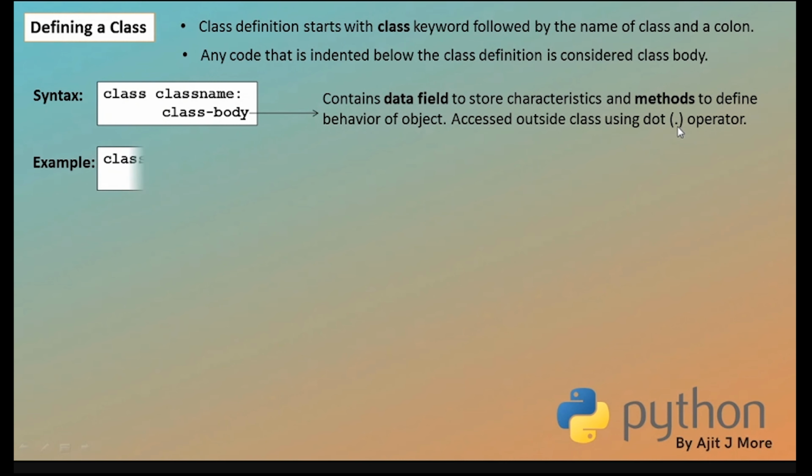Let's take one simple example. See, I've created one class named cat. And after that, I haven't written any body. At this moment, I want to keep my class empty. So I've used the word pass. I hope you remember the word pass. We have seen it in our chapter 1 when we saw transfer statements, break, continue, and then we took pass.